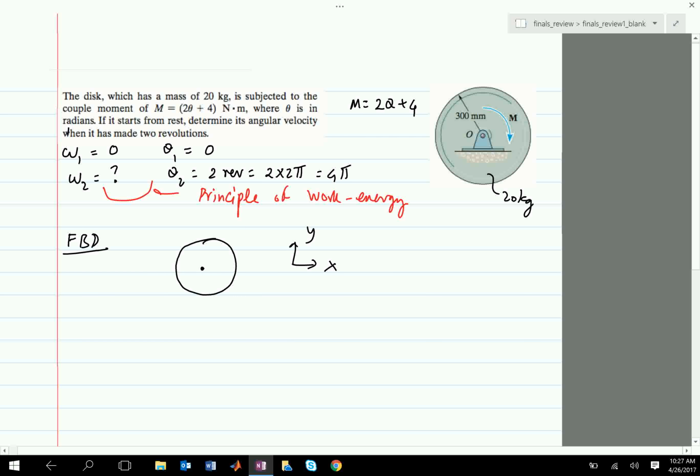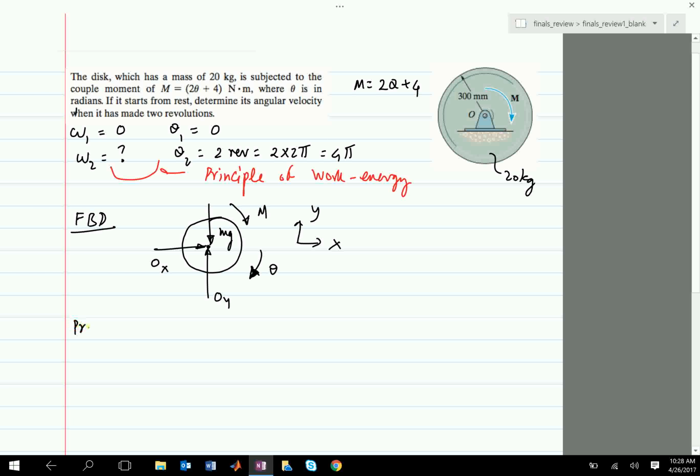X, Y. I think in this case you assume that theta positive is this way, at least that's what it seems from the figure. So this is positive theta, and the reaction forces are OY, OX. There is a moment M, and there's mg.